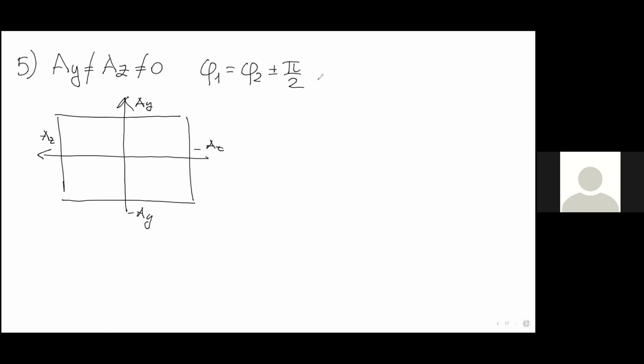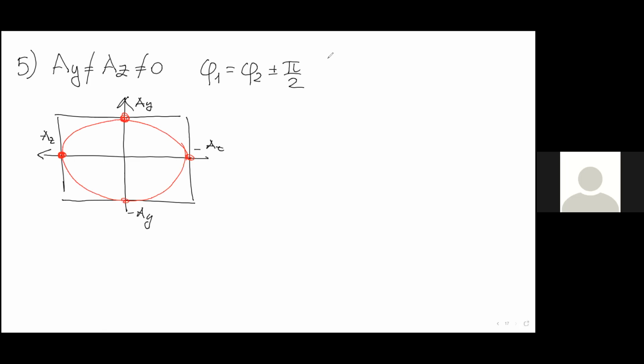So what you see is an elliptical shape, because when the Z field is at a maximum, since you have a pi over 2 shift, the Y field is at a 0. When the Y field is at a maximum, the Z field is at 0, and so on.